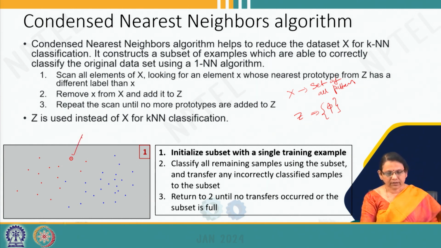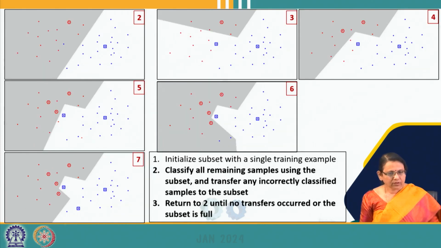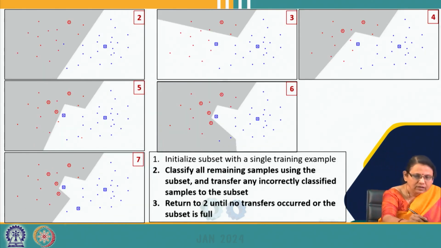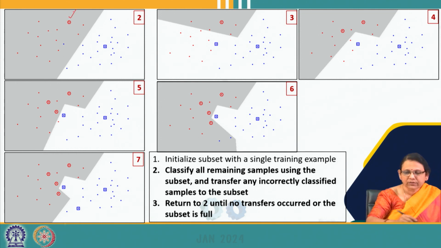Then you classify all the remaining samples using the subset and transfer any incorrectly classified sample to this subset. What do you mean by this? Look at this. Given this point which was there in Z, Z has this one point.